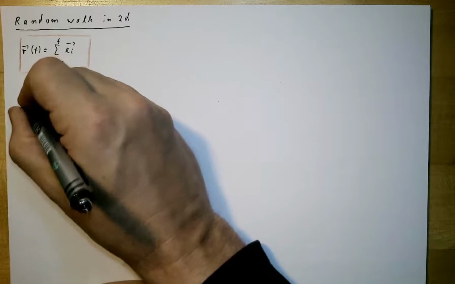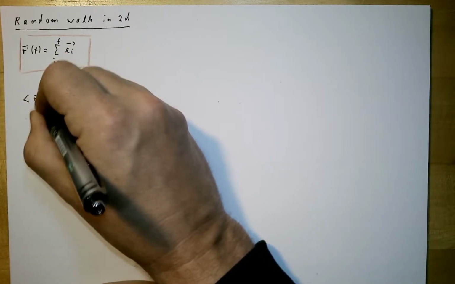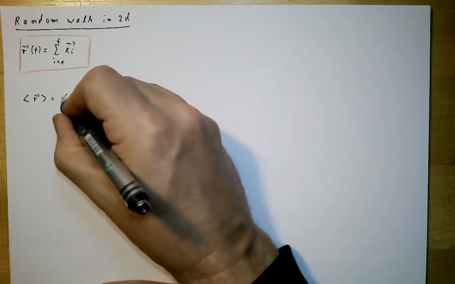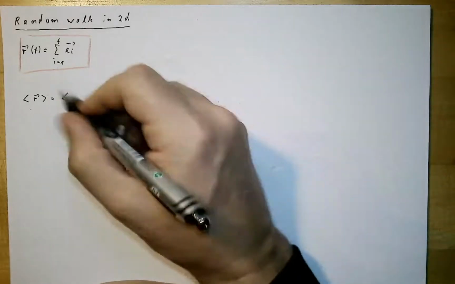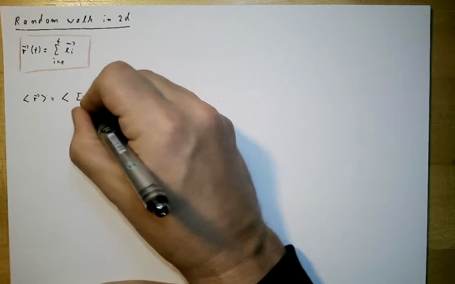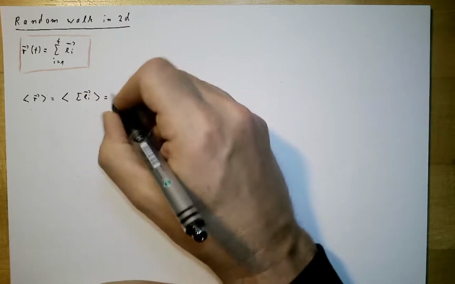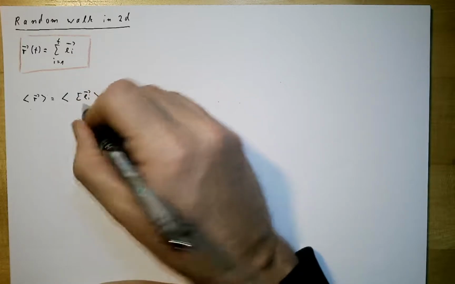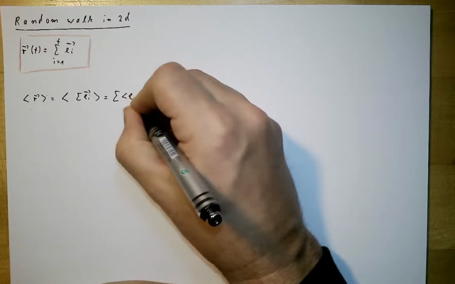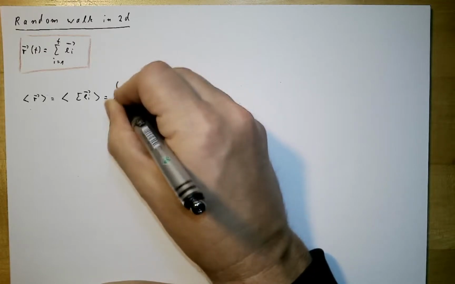So we could first ask, what is the first moment of the position, so the expectation of the position. This is the same calculation we did for the one-dimensional random walks. We need the expectation of the sum of the increments, and the expectation of the sum is the sum of the expectations of the increments, i equal 1 to t.